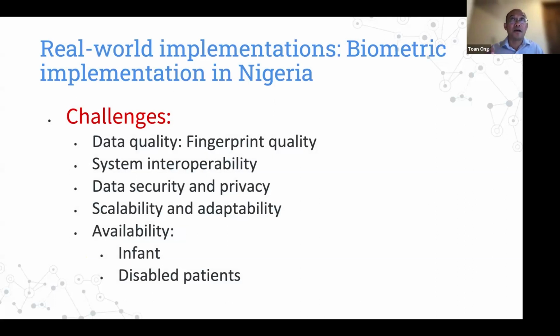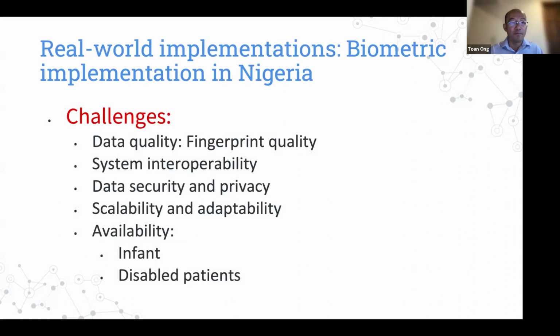Many systems have problems communicating with each other. There's a huge concern with data security and privacy, as you understand. And because they are trying to do this at the national level, there's also concern with scalability and adaptability as well.